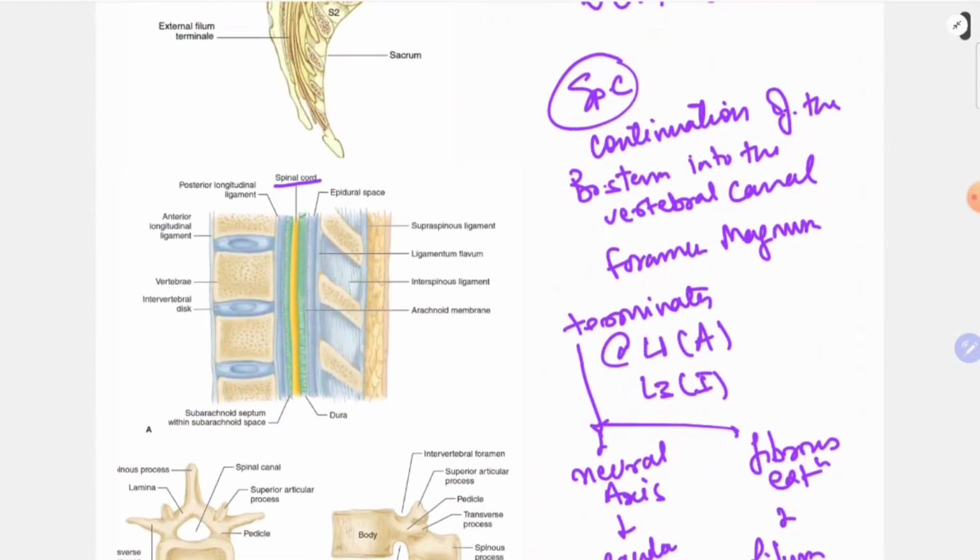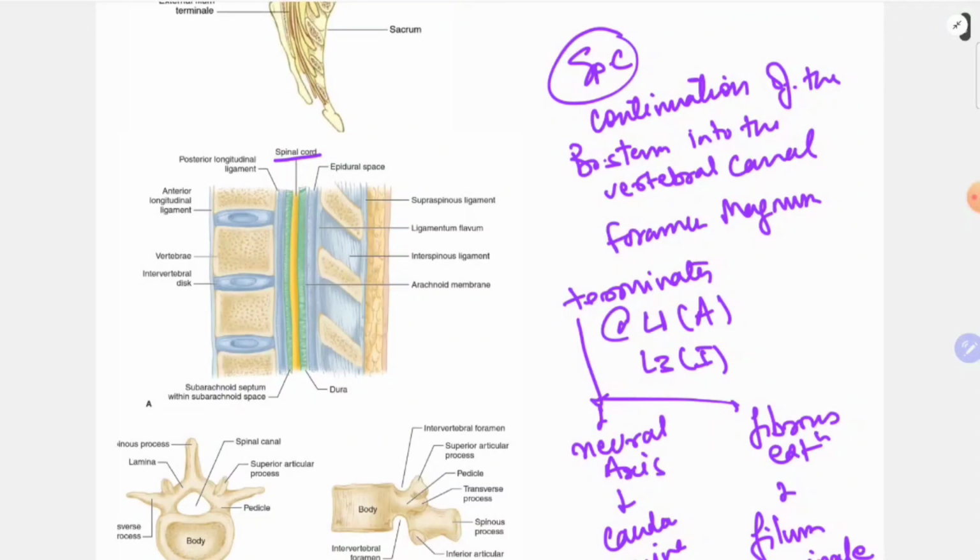There must be one more diagram. Yes, okay, this one. So this yellow thing is the spinal cord. Then this green one is the dura, and outside dura, this is the epidural space. Now this is anterior and this is posterior.